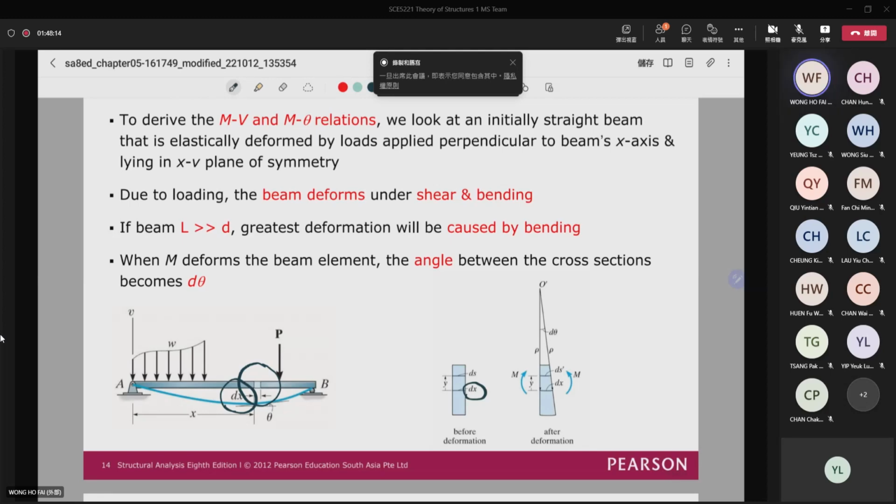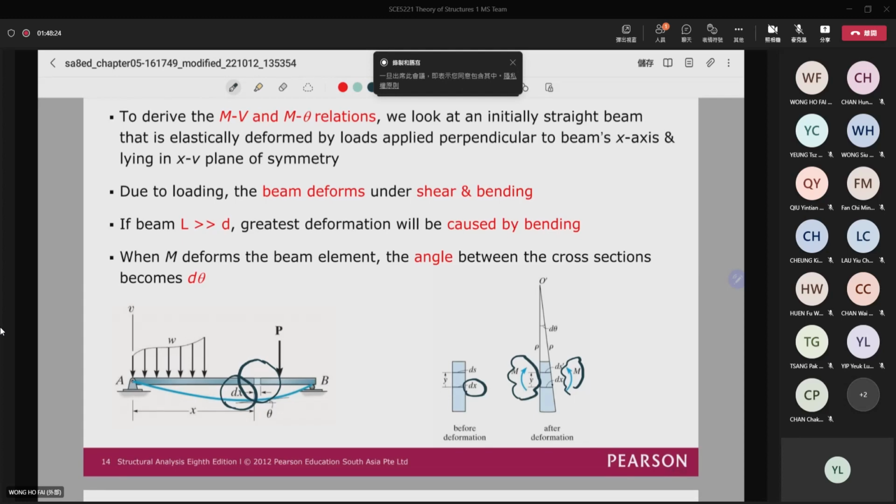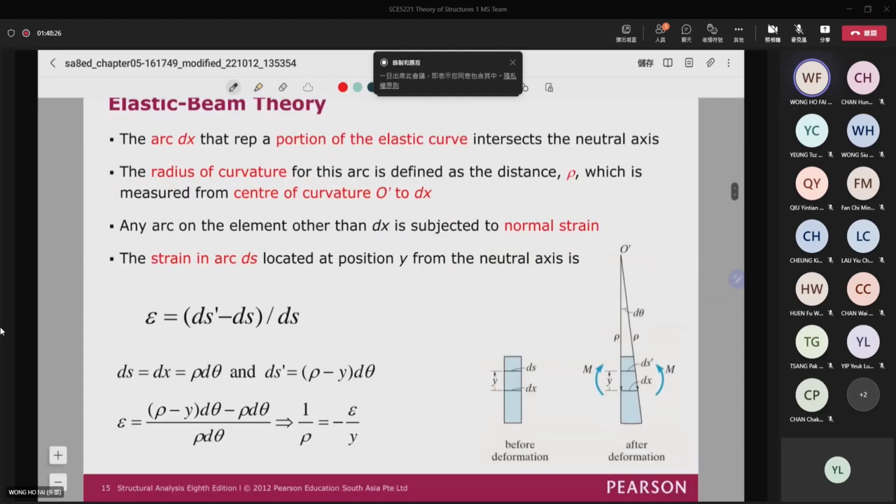We just consider a small part of the element, and we assume that it is subjected to the bending moment M. There is some derivation to find a relationship. Rho is the radius of curvature. It is measured from the center of rotation up to the so-called neutral axis.